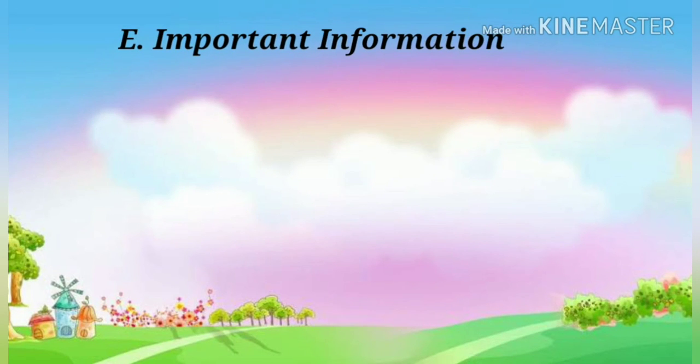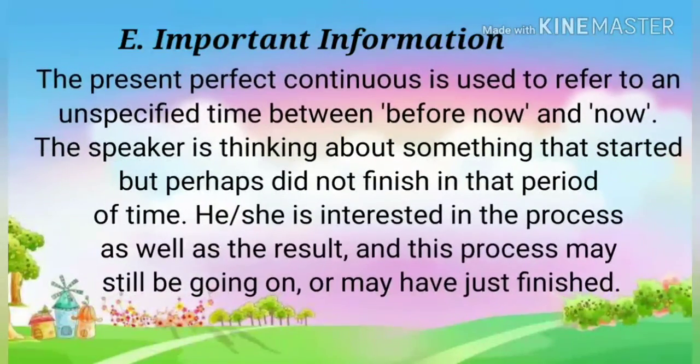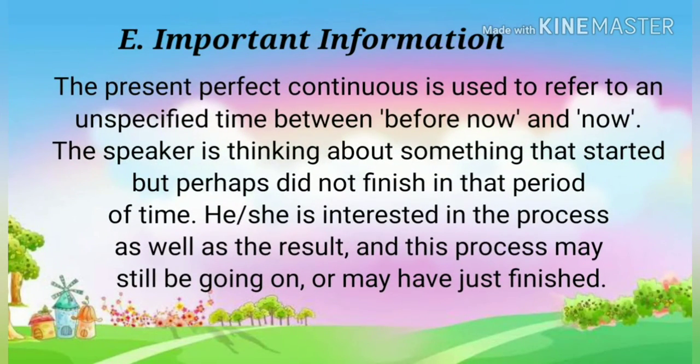Important information: the present perfect continuous is used to refer to an unspecific time between before now and now. The speaker is thinking about something that started but perhaps did not finish in that period of time. He or she is interested in the process as well as the result, and this process may still be going on or might have just finished.